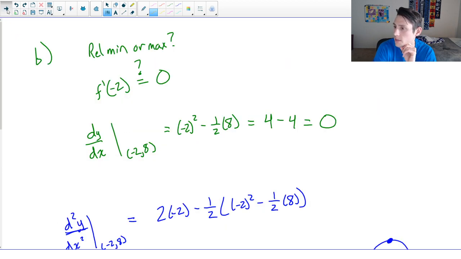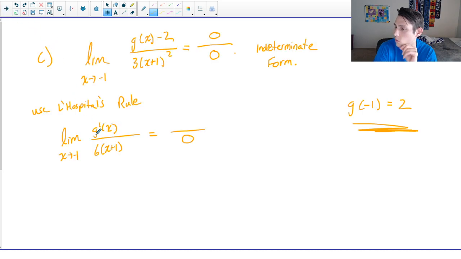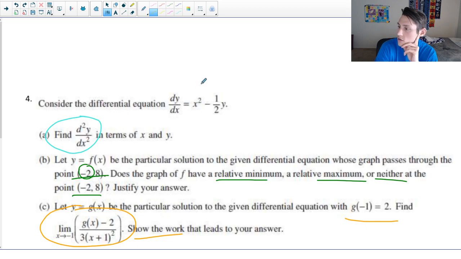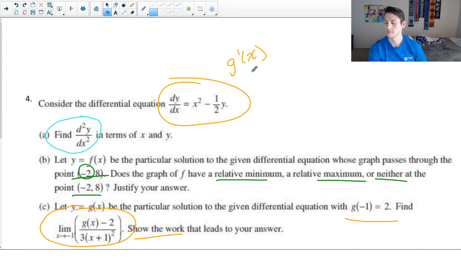Okay, so let's go back. We need to know, what is g prime of negative 1? Well, remember, g is just a solution to this. So this is, my derivative is g prime.